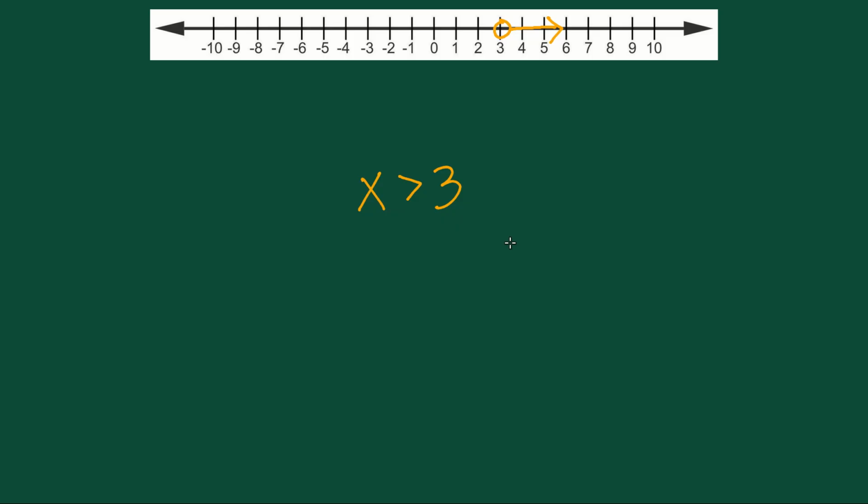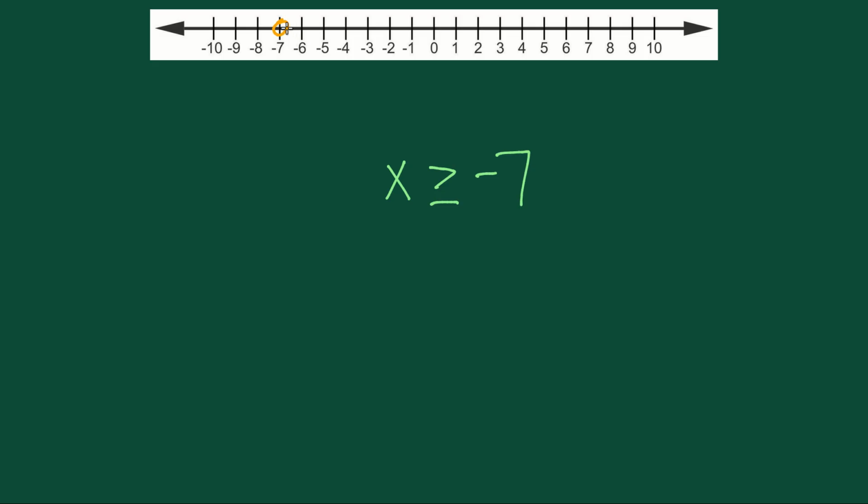All right, let's do several more examples of these. How about x is greater than or equal to, let's say, -7. How do we graph this inequality? Well, we would go to -7, which is right here. We would draw a circle again, and it's greater than, right?